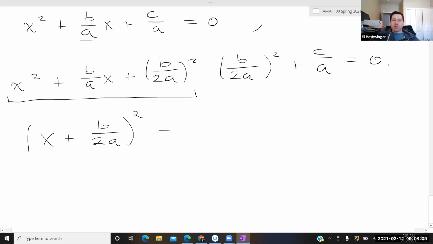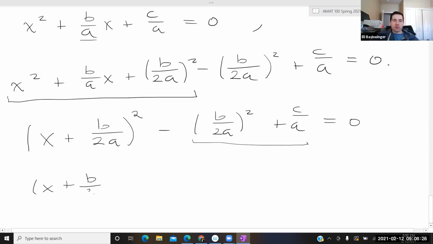And then I have this piece over here. Sorry, it should be c over a. Now I'm going to put this piece on the other side of the equation. So I'll have b over 2a squared minus c over a.